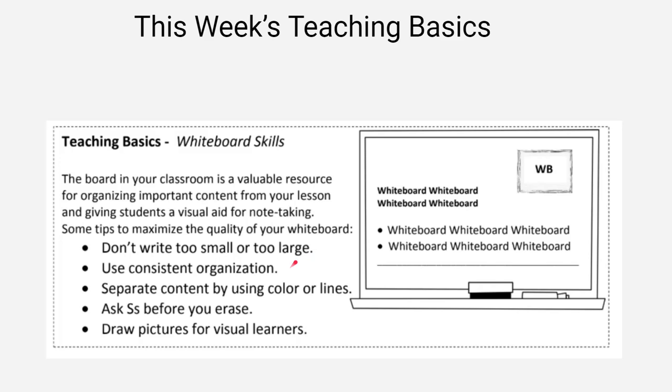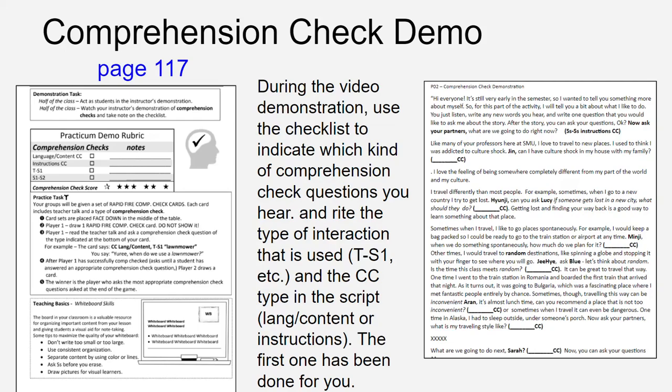Use consistent organization. There's a word that could use a comp check question. But consistent organization, when something is consistent, it means it doesn't change. It's always the same quality. In the case of a whiteboard, you don't want to put things in different places all the time.